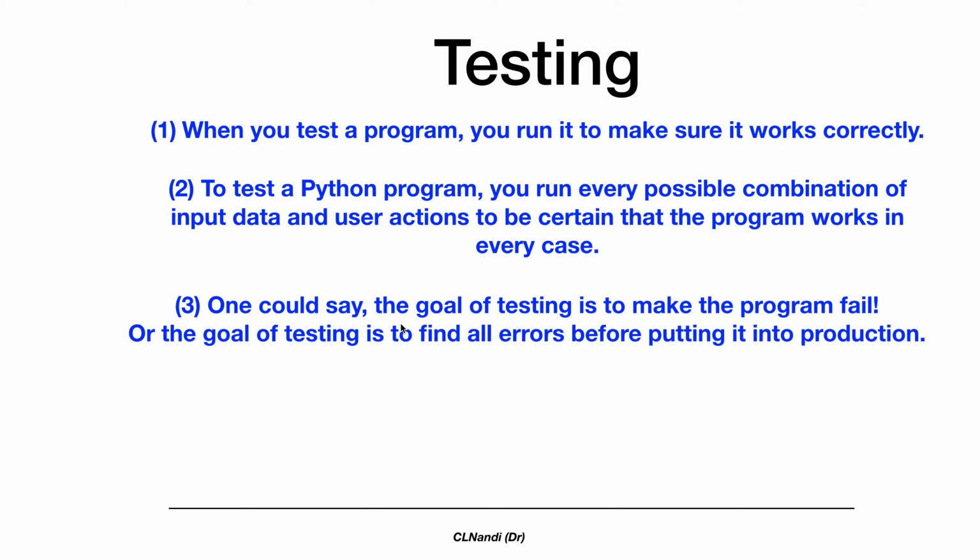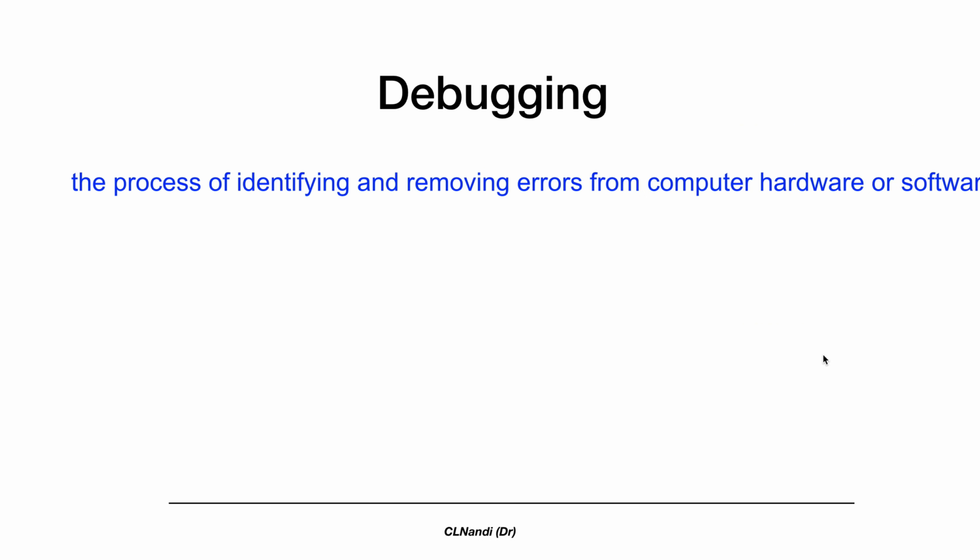And one could say the goal of testing is to make the program fail. Or you could say the goal of testing is to find all errors before putting the program into production. So you test it several times with different input data. And if you find an error, you correct it, you test it again, and you do it again and again until you eliminate all of the errors, and then you put your software program into production.